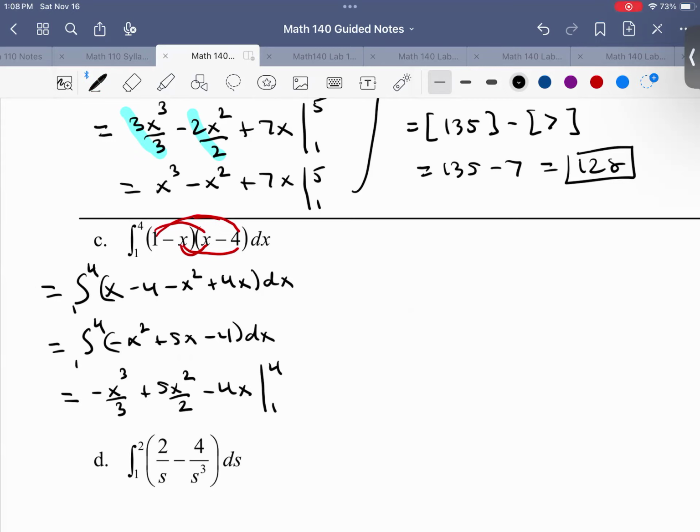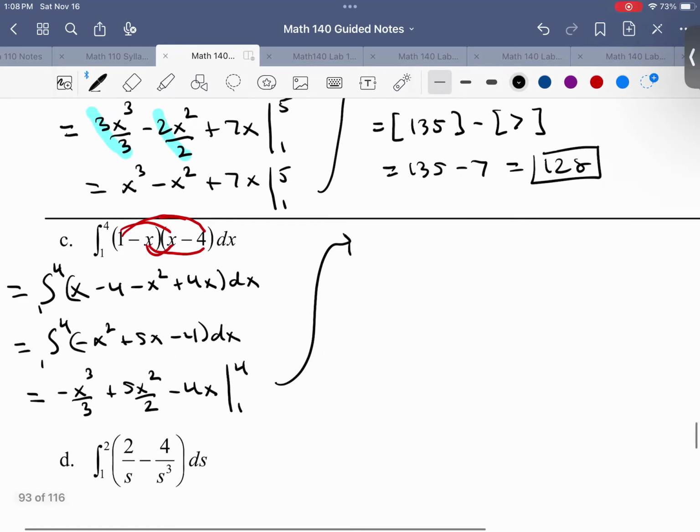Okay, so almost done. Now we need to evaluate at our upper and lower limits. So we would have, in the first bracket, negative 4 cubed over 3 plus 5 times 4 squared over 2 minus 4 times 4.